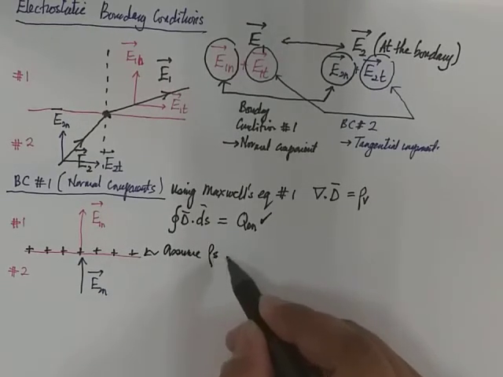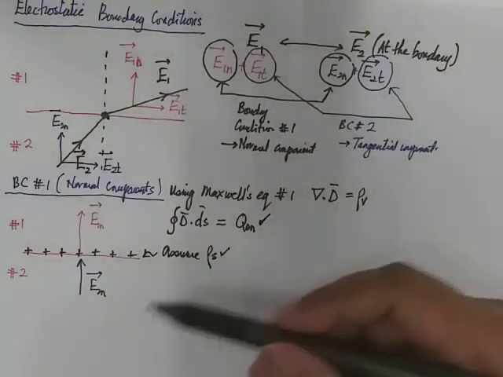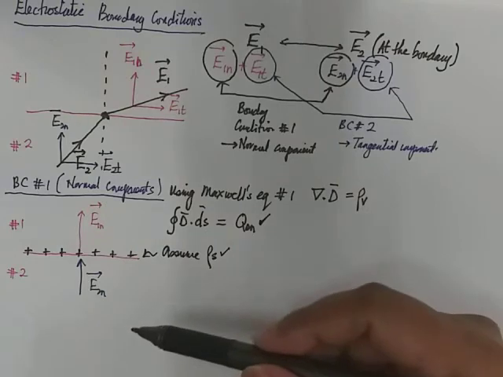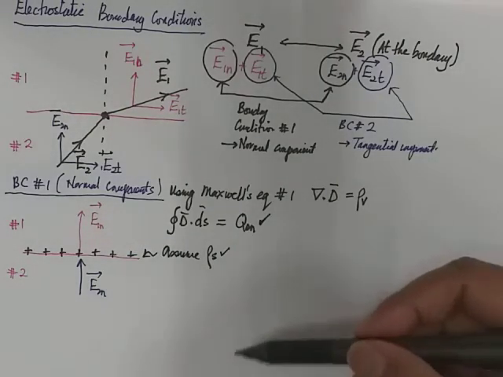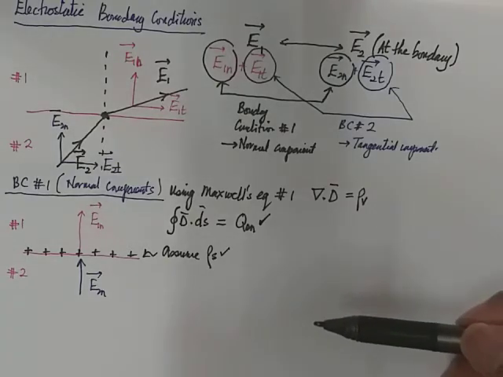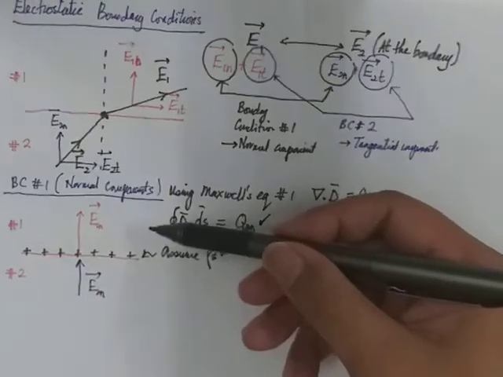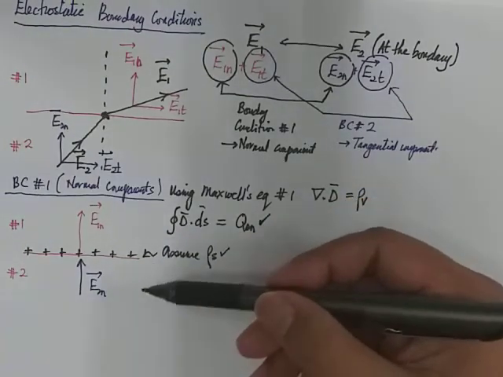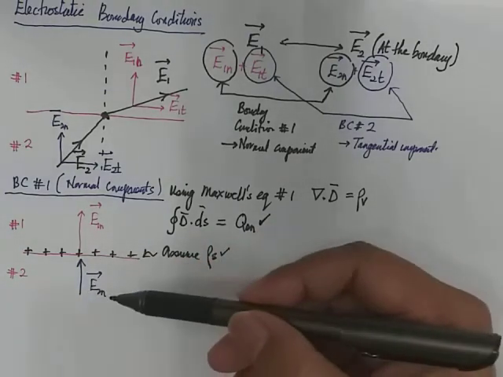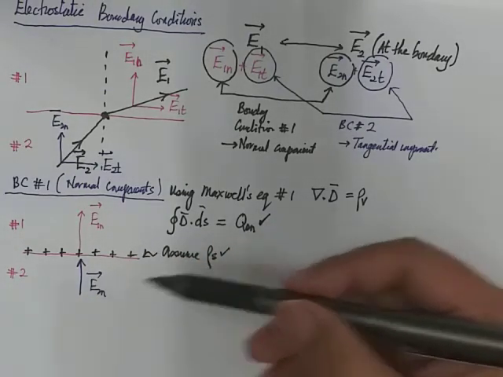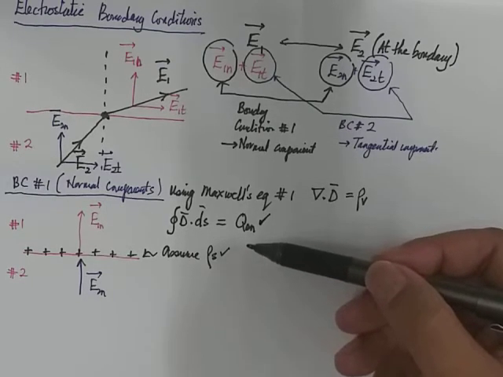Assume rho S exists. When in the problem the rho S does not exist, we're going to place at the end of this equation rho S equal to 0. But since we want to develop a general equation of the normal component, we're going to place a charge here and assume the charge to be surface charge, because from the Maxwell equation number 1 of Gauss Law, we can see there's a charge there.